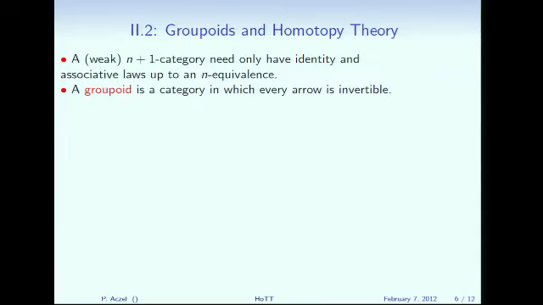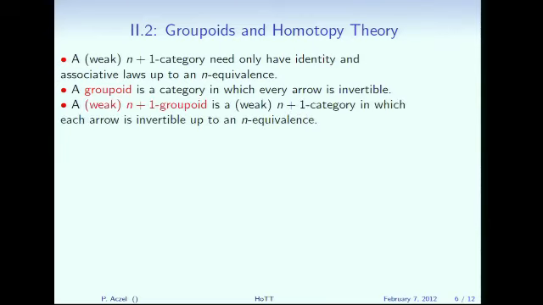A groupoid is just a category where every arrow has an inverse, so every arrow is an isomorphism. And there's a weaker notion of high dimensional groupoids, which play an important role in homotopy type theory.